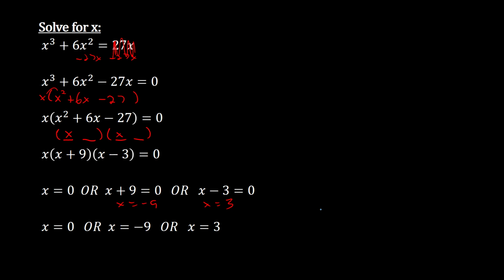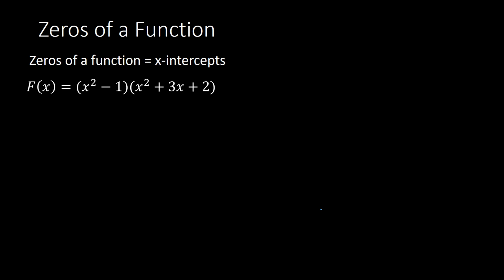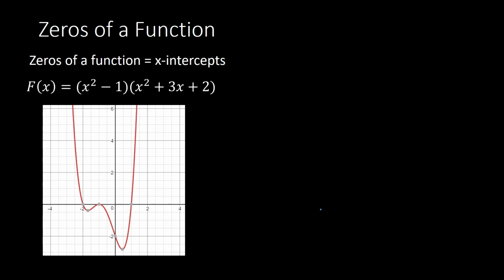So the question is, where does this apply? How can we use this? Well, we can use this to find what is called the zeros of a function. The zeros of a function is another way of saying the x-intercepts. So for example, if this is your function, f of x equals x squared minus 1 times x squared plus 3x plus 2, the graph of this would look like this, and the zeros of a function is the same thing as x-intercepts, so it's where it crosses your x-axis.